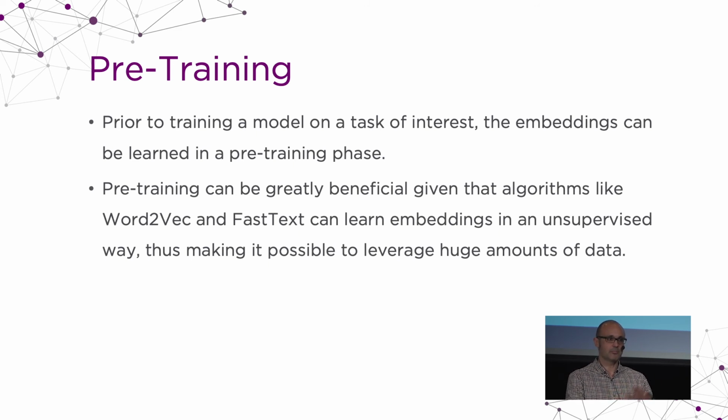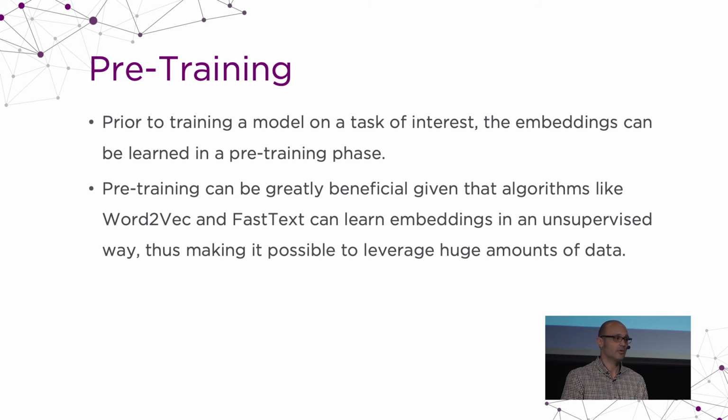So we call this part pre-training, because it happens before we start the training on the task that we're really interested in. Then we take these embeddings, and we will use these embeddings in the model that we are really training. And the advantage of doing that is that in this pre-training phase, the task was unsupervised.